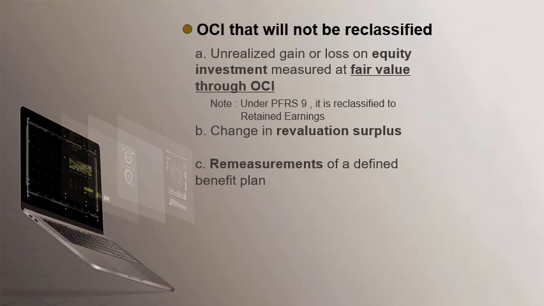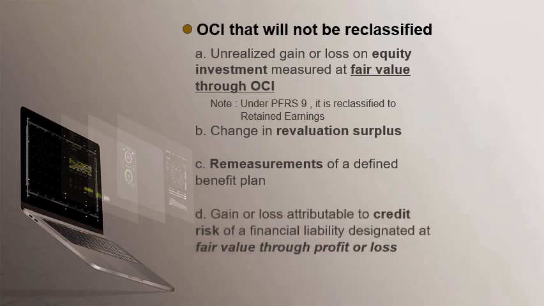The change in the effect of the asset ceiling and the interest on the effect of the asset ceiling. So those are the three remeasurements of a defined benefit plan that are part of other comprehensive income.